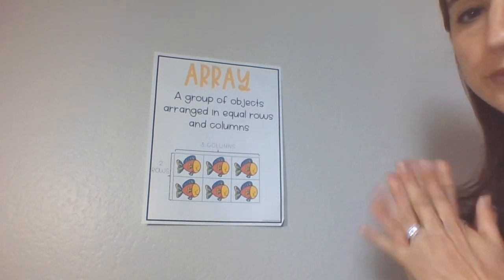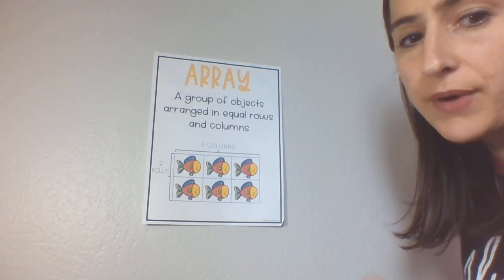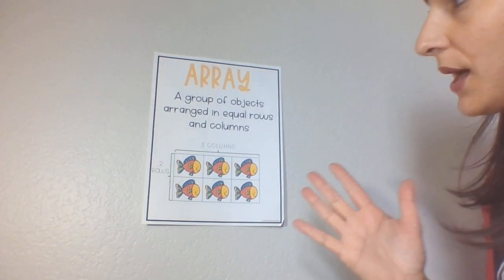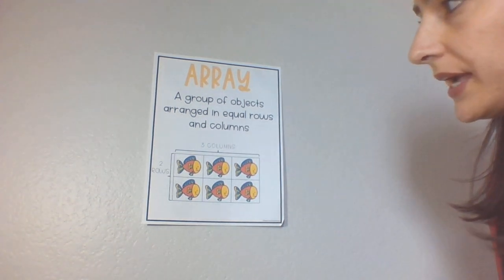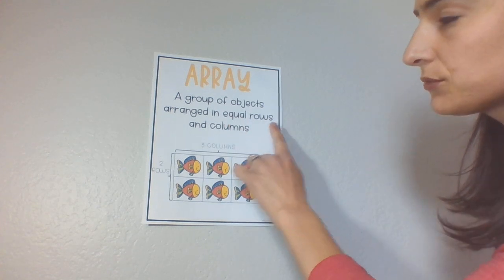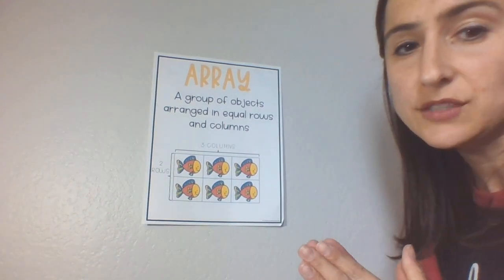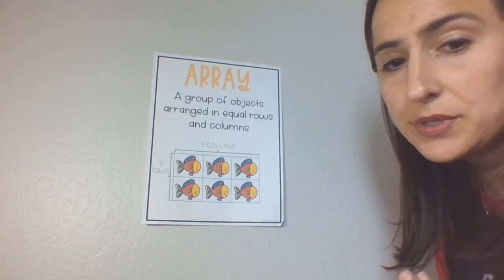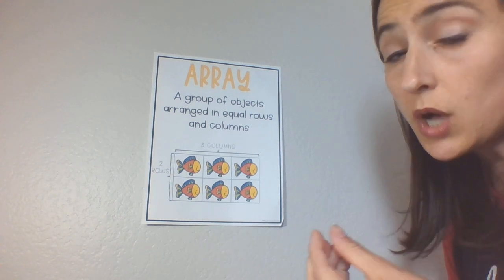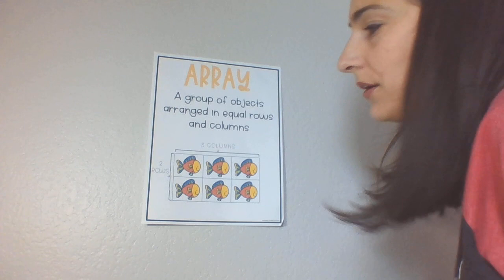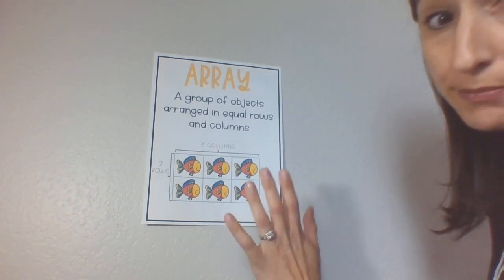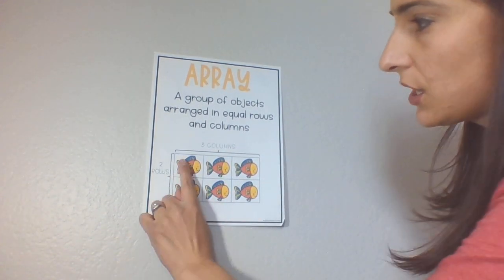All right, an array. Everyone say array. Good job. An array is a group of objects arranged in equal rows and columns. It's very organized, so it's easier for us to either skip count or multiply.